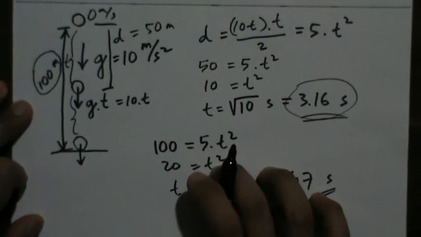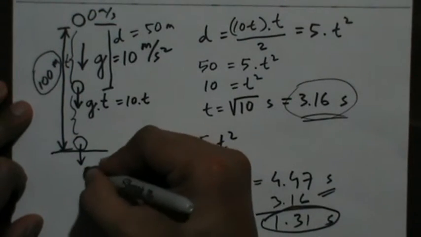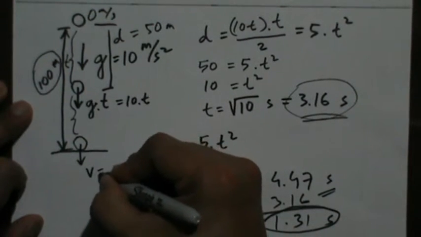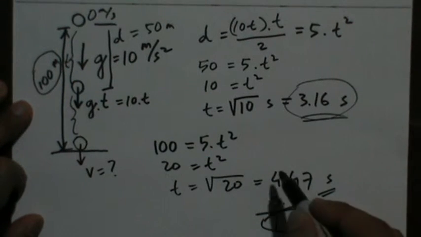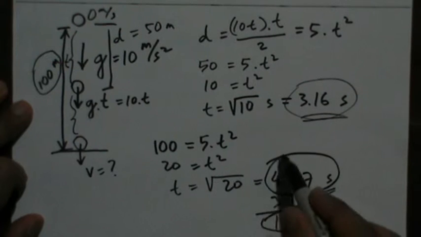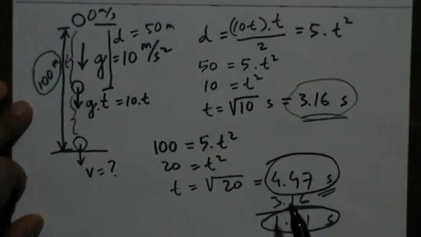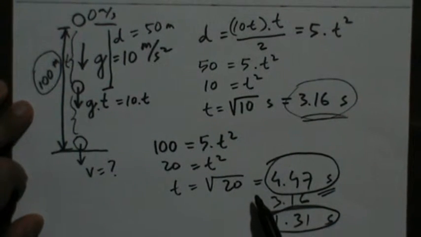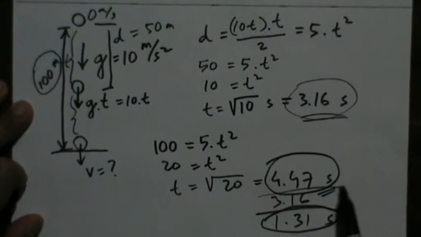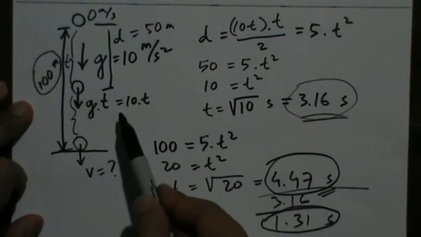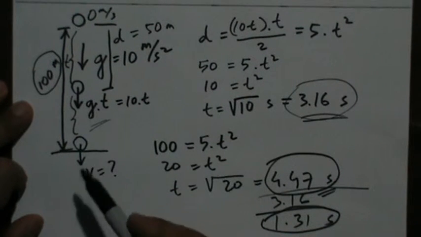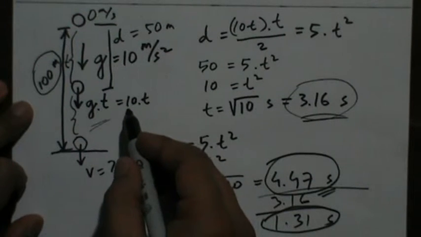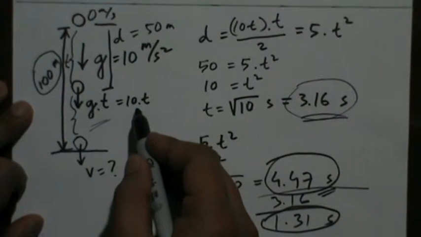Now we come to the last question here. That's the speed when the ball hits the ground, v. So as you already calculated, the time needed for the ball to reach the ground is 4.47 seconds, and it's accelerated by the gravity g, and the speed here becomes g times t, or 10 times t.